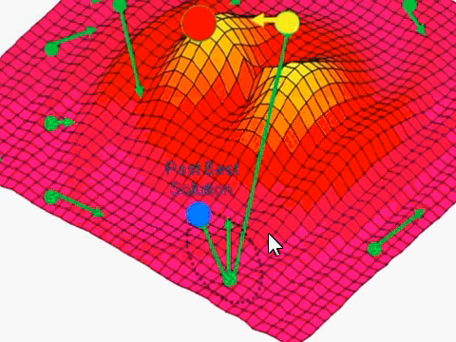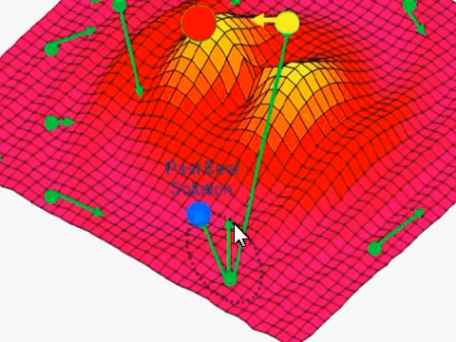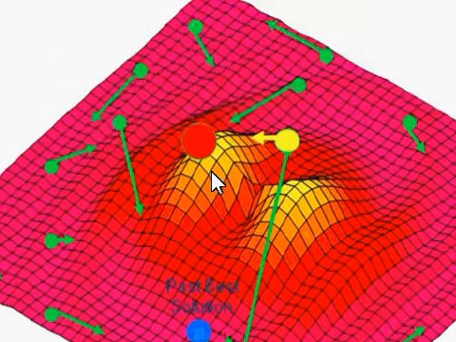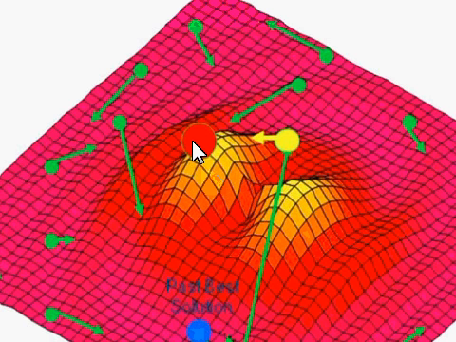So the velocity of these green dots will be updated by the blue dots and the yellow dots, and finally guided these green dots into the red dots, which is our final result, namely the global optimum solution.